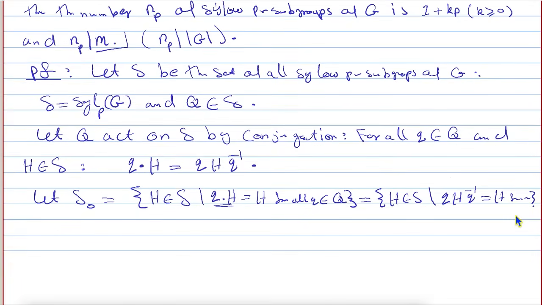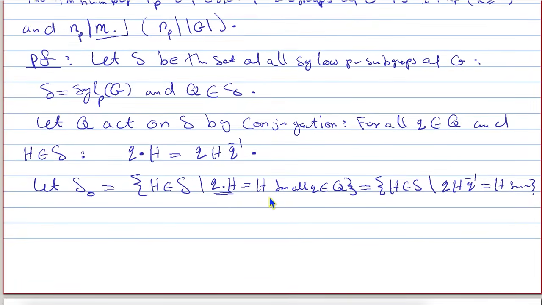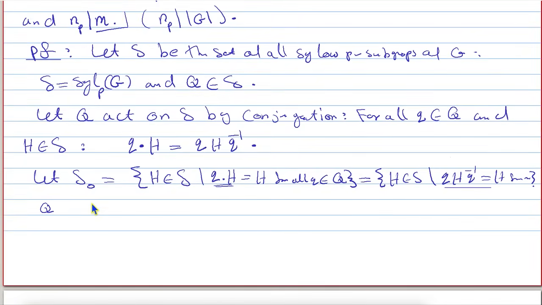Now you will notice that in this definition the set Q itself, or the subgroup Q, must be in S naught, and the reason is that for this definition we always have little q Q q inverse equal Q. This is always true since little q is in Q. So S naught is non-empty.